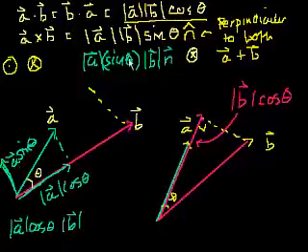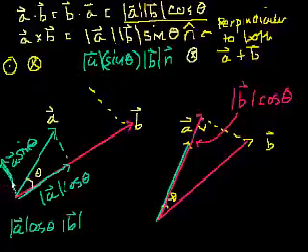So if you take A sine theta times B, you're saying what part of A doesn't go in the same direction as B? What part of A is completely perpendicular to B? It has nothing to do with B. They share nothing in common. It goes in a completely different direction. That's A sine theta.